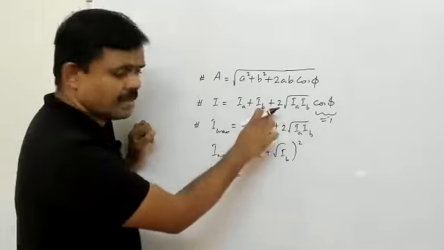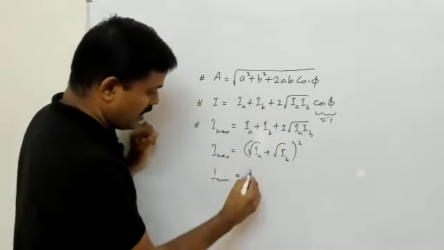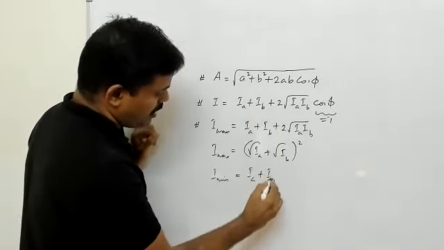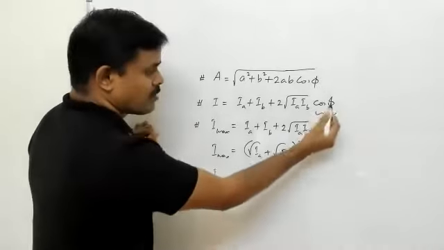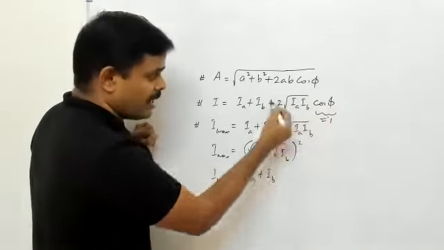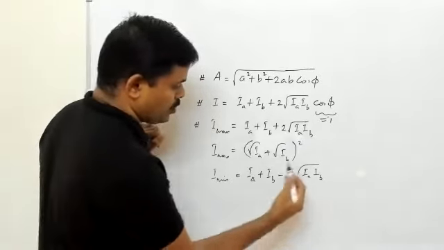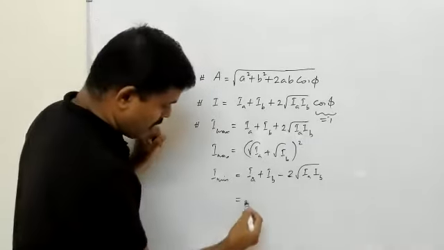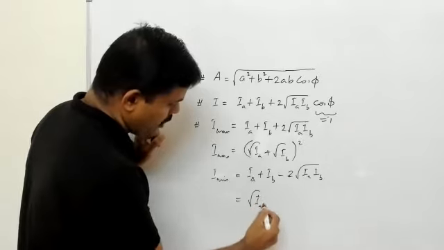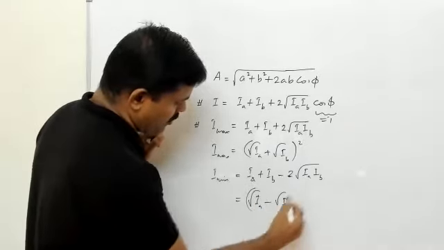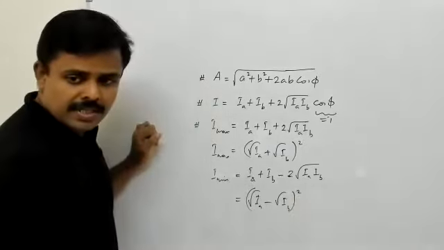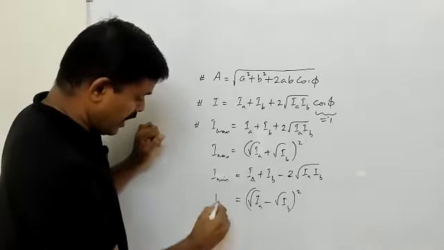That would make this minus. So we get IA plus IB, and when you multiply with minus 1, it is minus 2 root IA IB. And this looks like something familiar: root of IA minus root of IB the whole square. So this is I min.